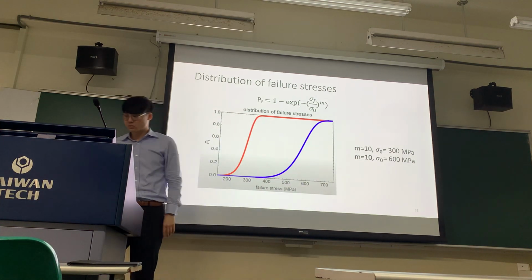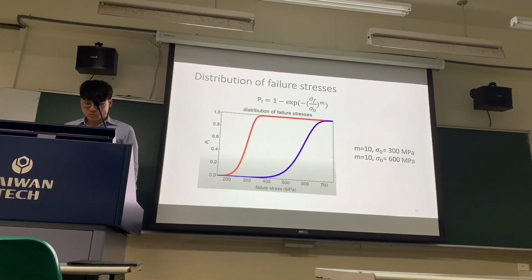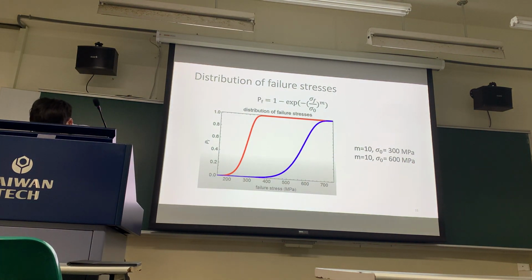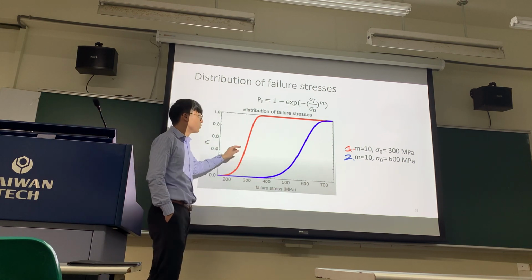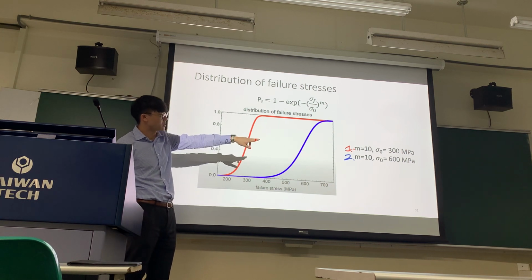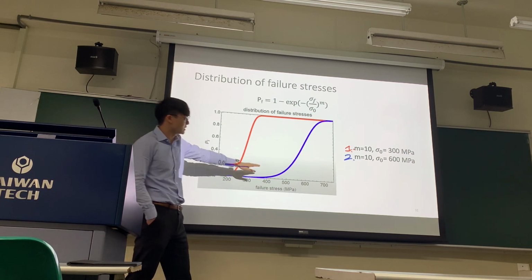So what does that refer to? Number one, m equals 10 with 300 MPa is the red one. The blue, m equals 10 with 600 MPa, is this one.